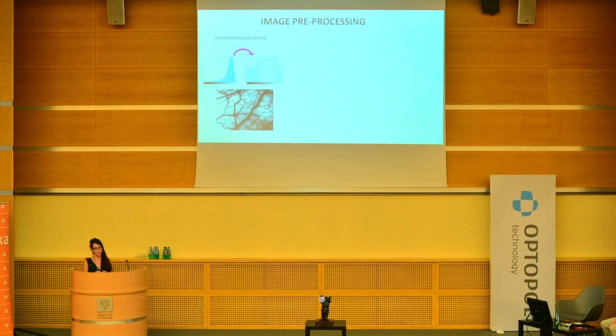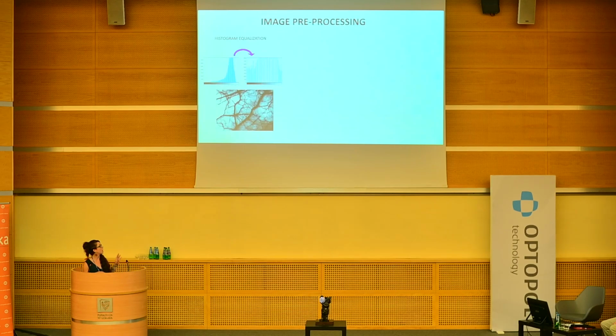For enhancing the contrast of the image, probably the most used technique is histogram equalization, which basically redistributes the values of the original histogram into a more uniform histogram. The problem is that it is only useful if the contrast in the image is similar all along the image. Otherwise, it is going to produce a lot of noise, and we are going to lose a lot of details in those areas that have different illumination or different contrast.